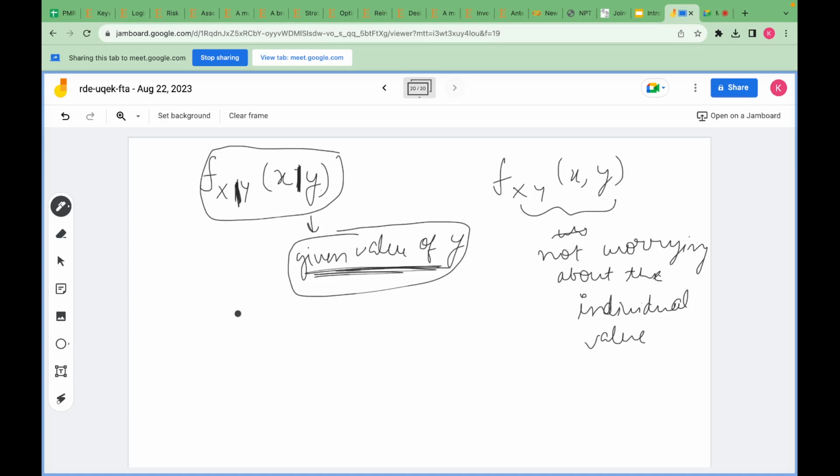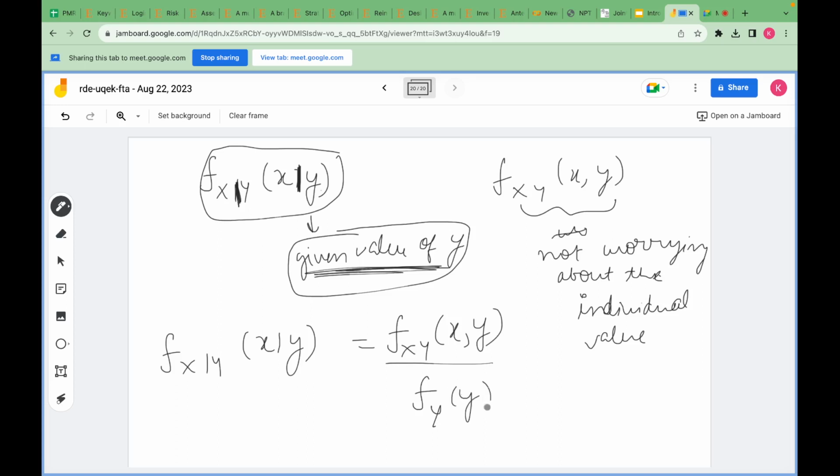Okay, so the formula for this is the probability density function for x comma y divided by the probability mass function of y. Okay, so here we will put the given value.